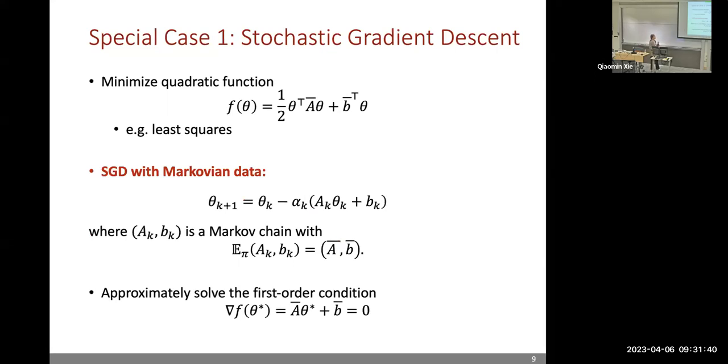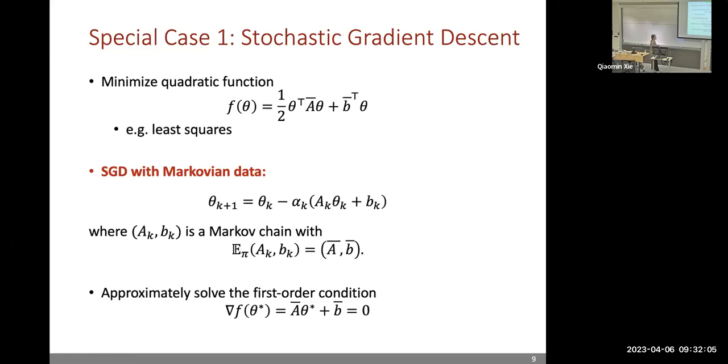In general, you might be familiar with SGD with i.i.d. data. But in many applications like sequential decision-making problems, such as in the domain of reinforcement learning, in many cases we only have access to Markovian data. That's typical. In this case, SGD performs the following updates.